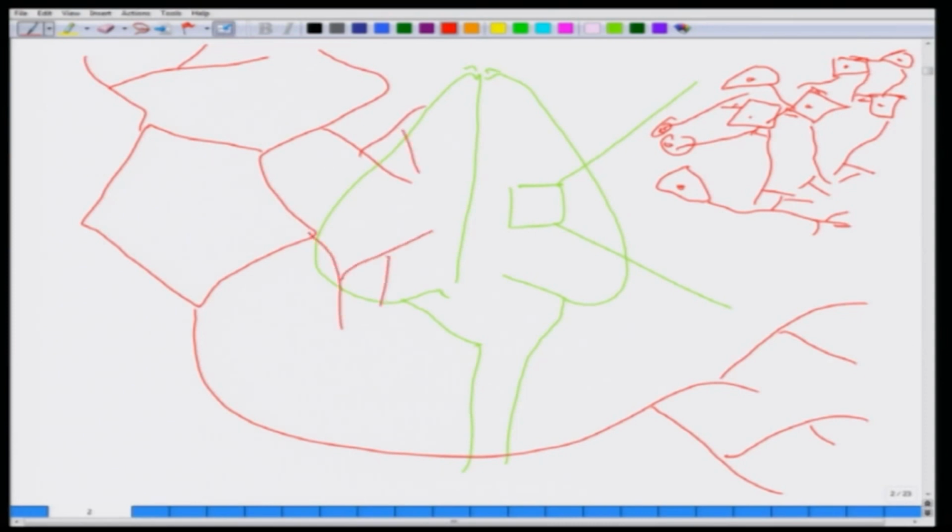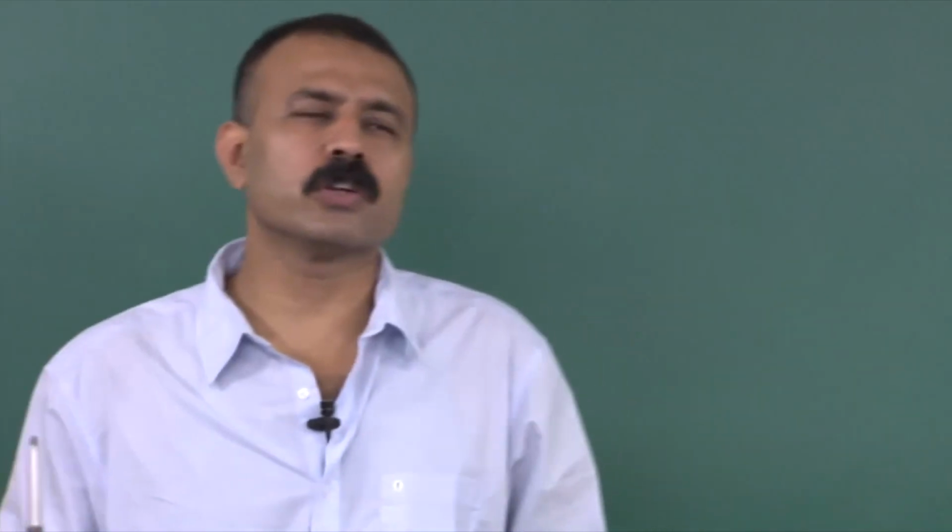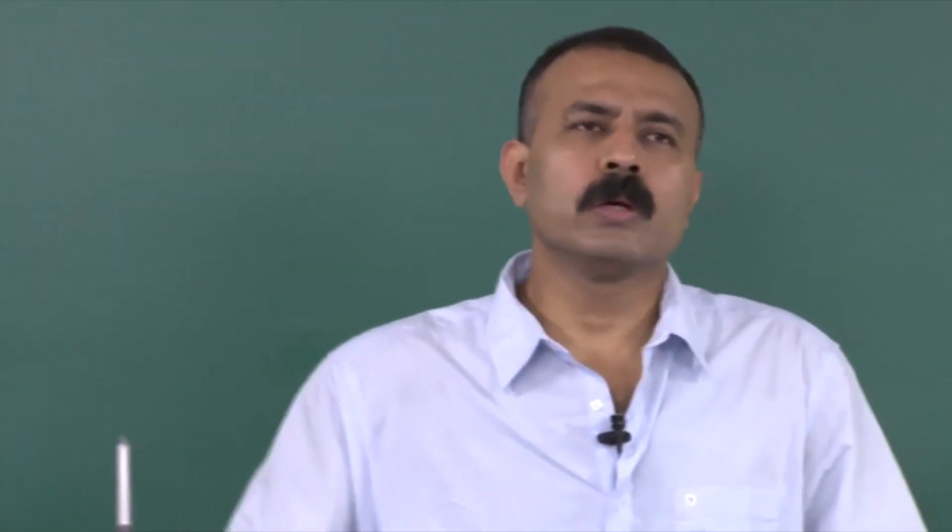This is the nucleus. This neuron can receive signals from say 10,000 different sources. I could only draw a few because I have limited space, just to show you.